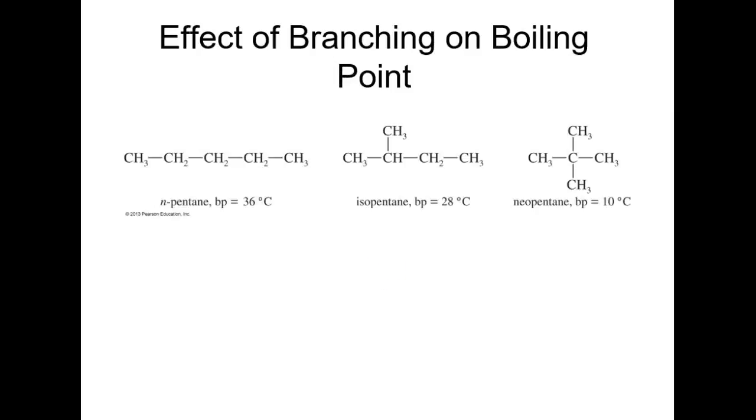Here's the effect. These are all nonpolar. Remember I told you carbon and hydrogen are nonpolar bonds, so this is a nonpolar molecule. We're going to look at the boiling points, the difference between a straight chain molecule as you get one branching group or two branching groups. The more branching you get, your boiling points go lower, meaning the interactions are weaker.